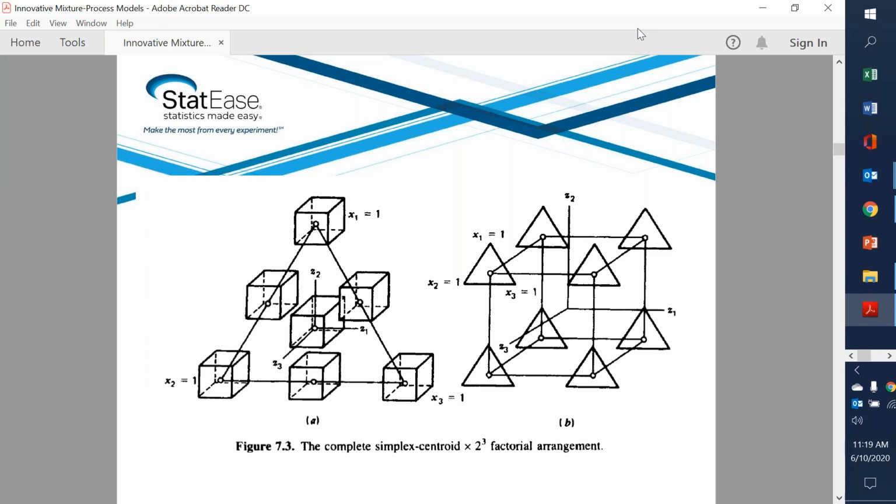You've got the 2 to the 3, the 2 cubed experiment in the process variables. And then you can see you doing the mixture simplex at each one of those locations. It's a true cross design. And that's fundamental to how John is approaching this. Very similar to the Taguchi robust parameter designs. And as I said, this is all happening at about the same time. So I hope you appreciate the thought processes that are going on here.